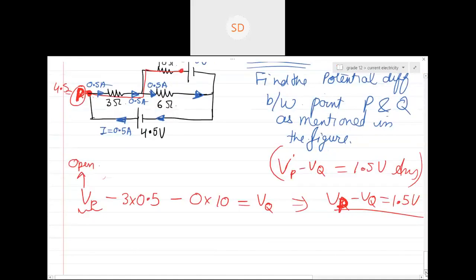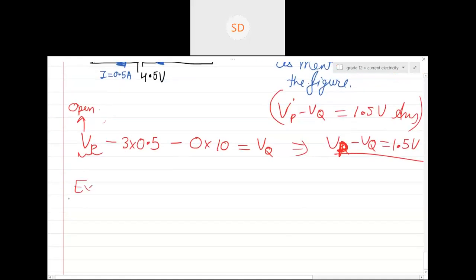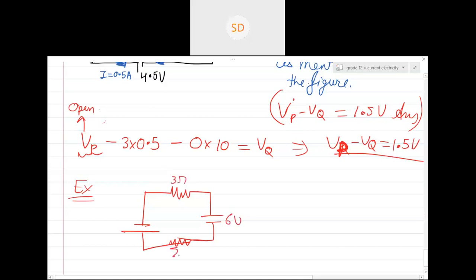Let's give you another example. Suppose this is the battery, this is one more, this is one more. That's it: 6 volt, 3 ohm, 2 ohm, 4 volt. Can anyone write Kirchhoff's equation for me?